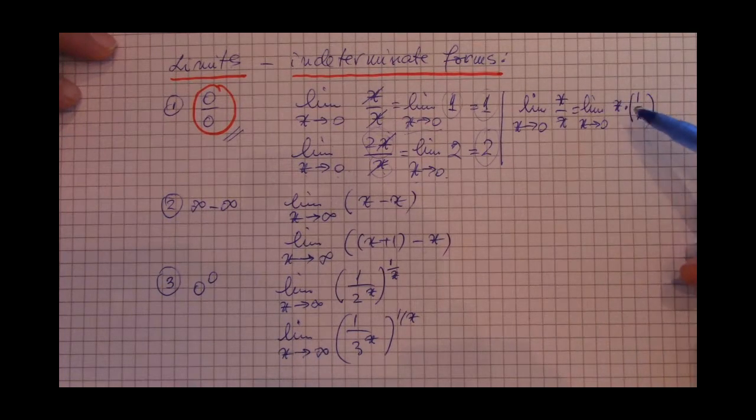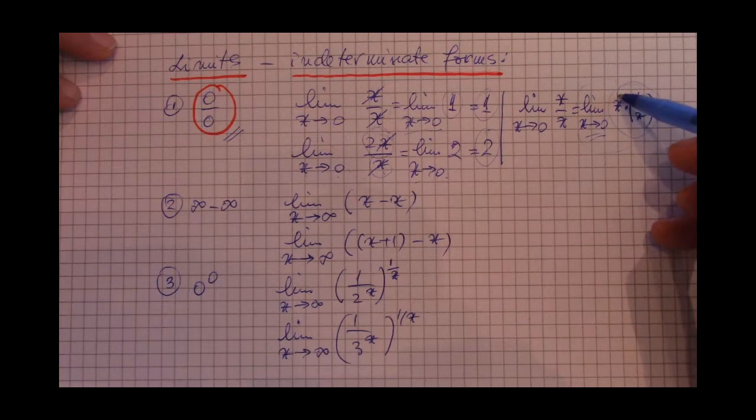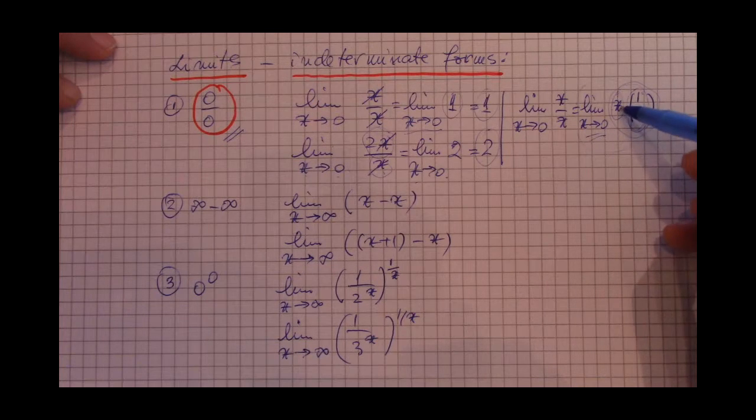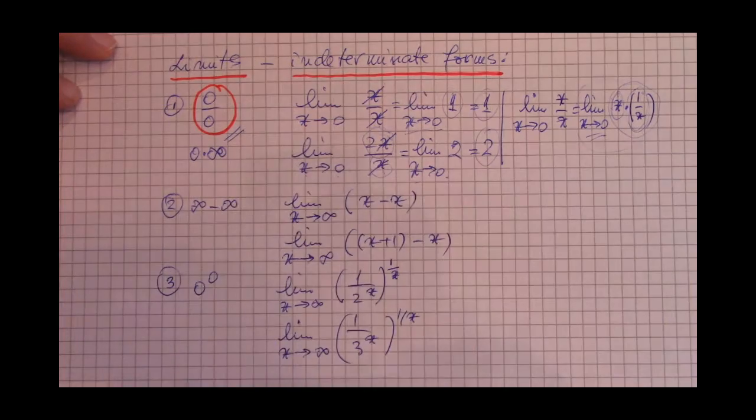So now we can look at this expression when x approaches 0 as 0 times infinity. Well, it depends on whether x is positive or negative. It will be 0 times plus or minus infinity, but let's refer to this as 0 times infinity. So 0 times infinity is again not determined.